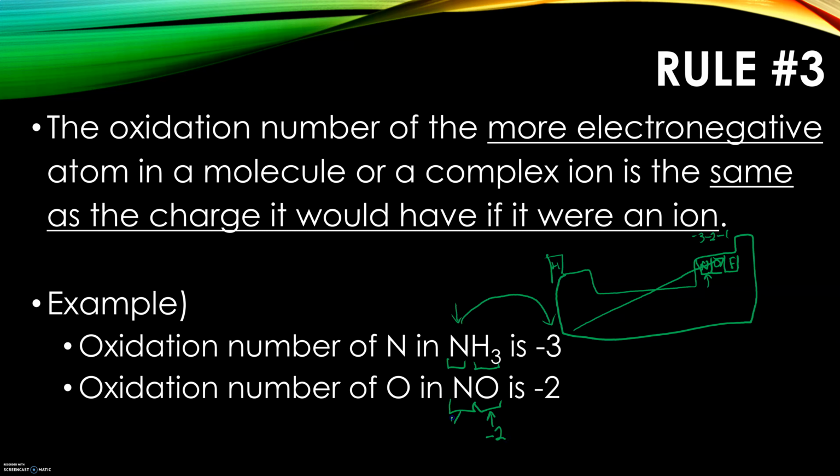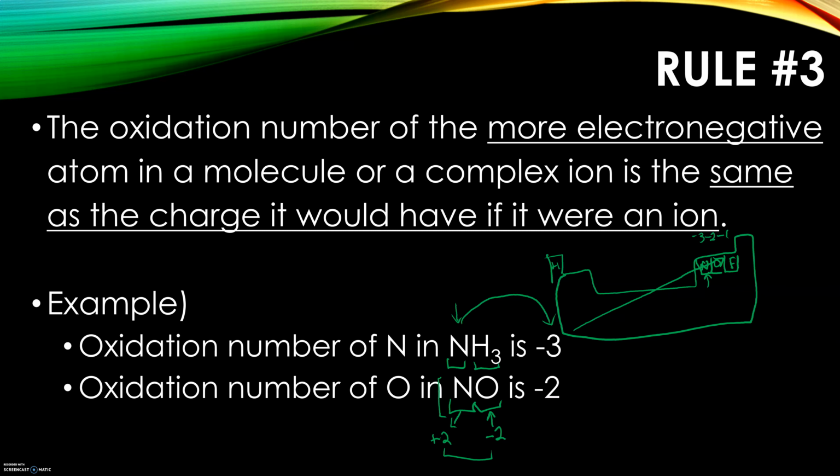And then the nitrogen does not end up being -3, but it ends up being +2 in this very particular example. All right. This will be explained around rule 8. Okay. Now, however, as long as you understand this rule, whatever is more electronegative will keep its charge.